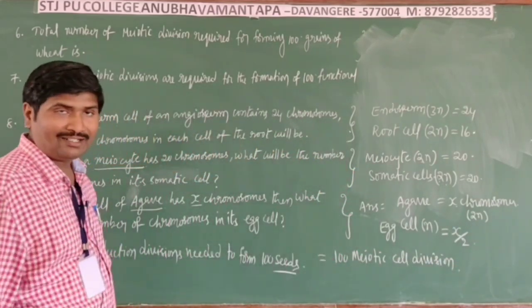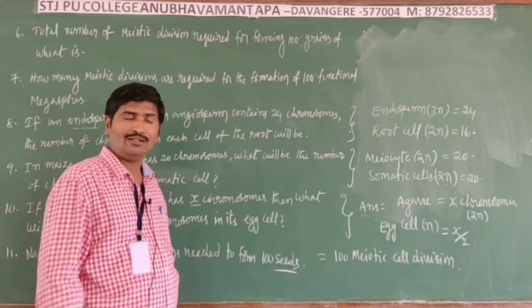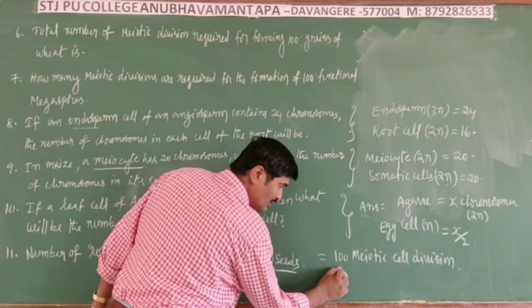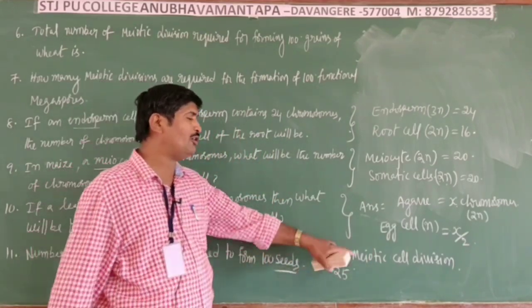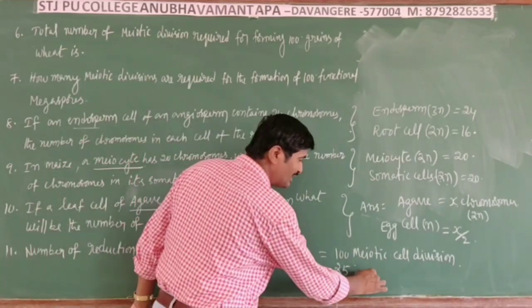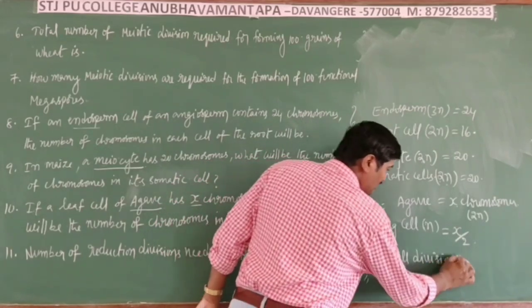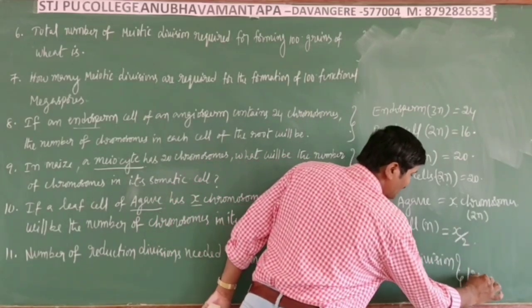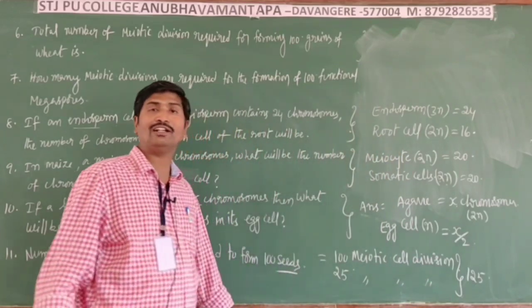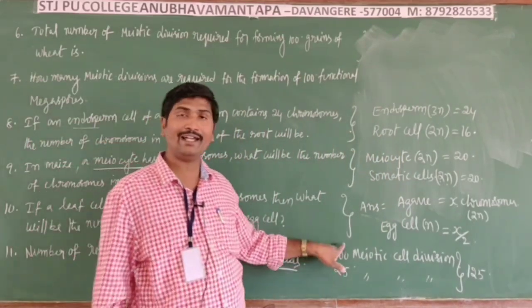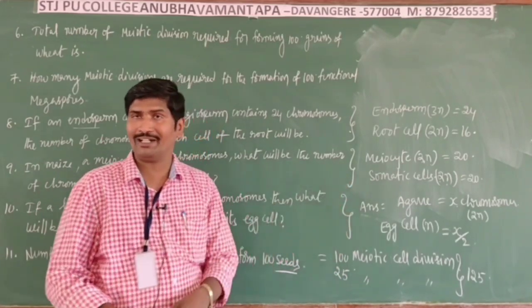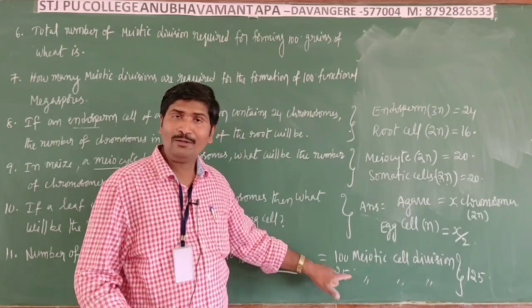What about pollen grains? 100 pollen grains are required. For the formation of 100 pollen grains, how many meiotic cell divisions are required? 25. Total 125 meiotic cell divisions are needed for the formation of 100 seeds. The egg cell is the female gamete. Pollen grains carry the male gamete.